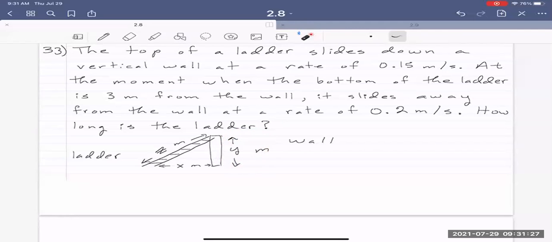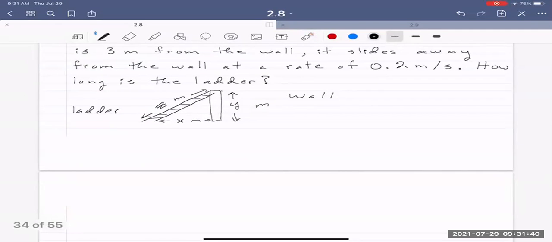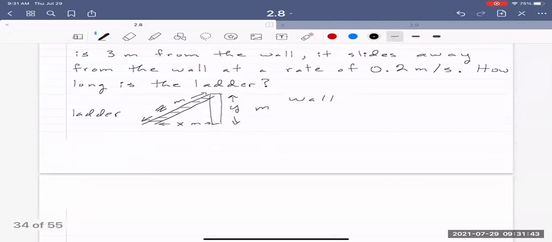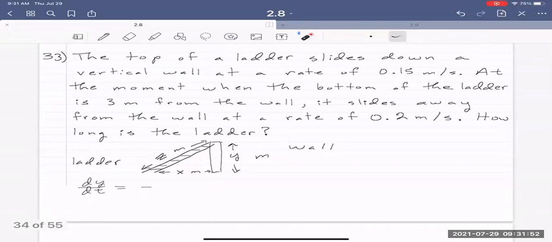So this guy, which is the height that your ladder is on the wall, decreases because your ladder is falling down. And so I have that dy/dt is equal to negative 0.15 meters per second.